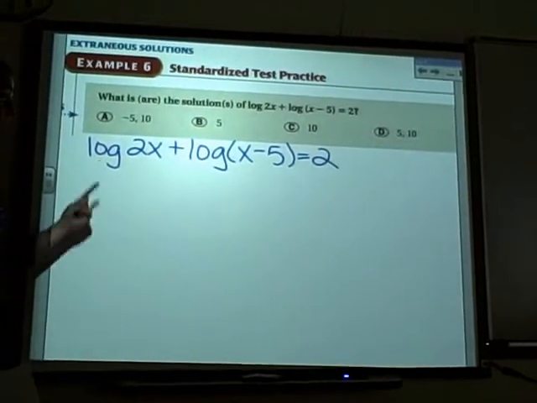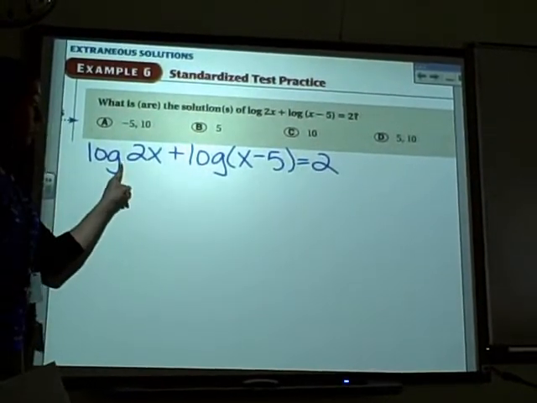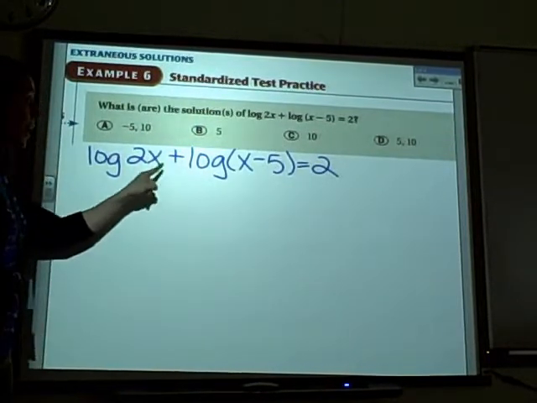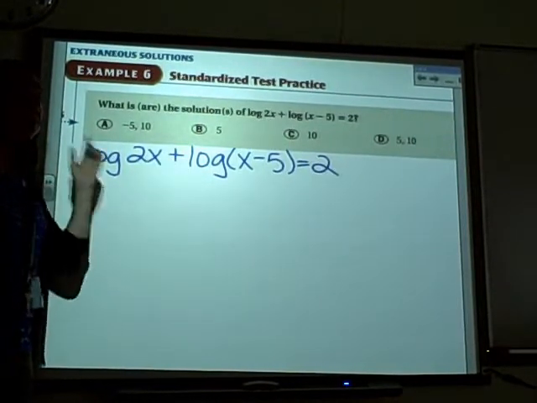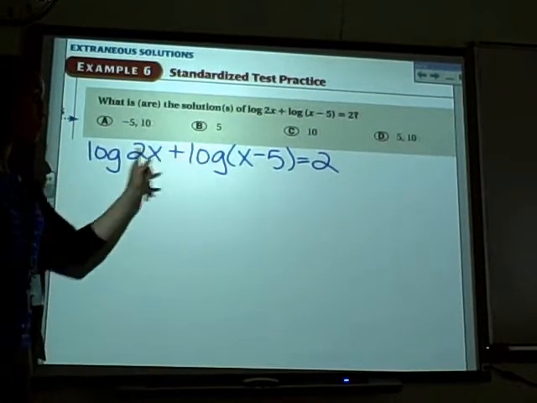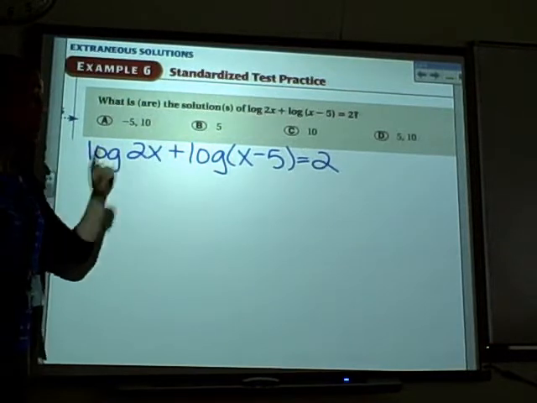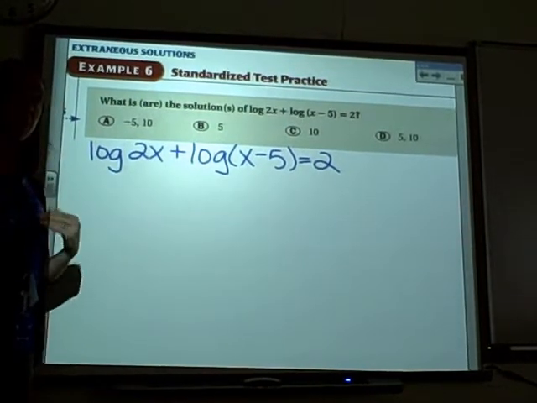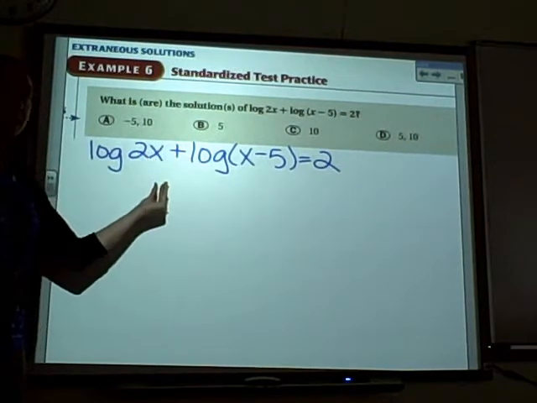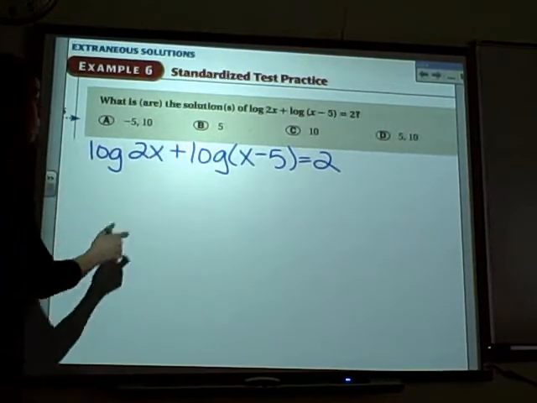Now what I see is 2 logarithms with matching bases. They're not written there, so it's got to be base 10. And I see an addition sign. We know that when you have 2 logarithms with matching bases separated by an addition sign, that goes back to your product property. We can take those two, smush them together, and make it a multiplication problem.